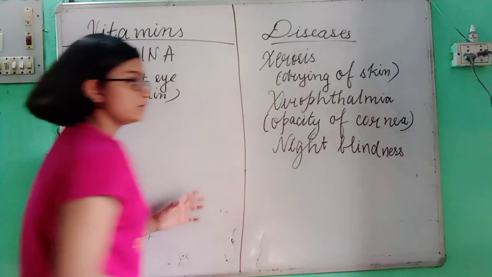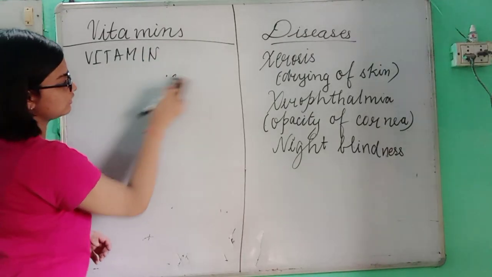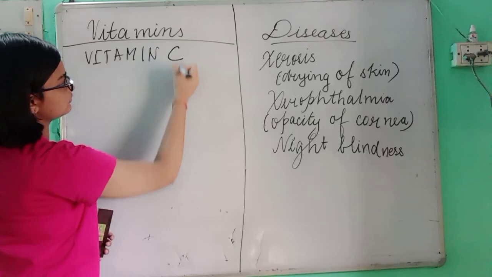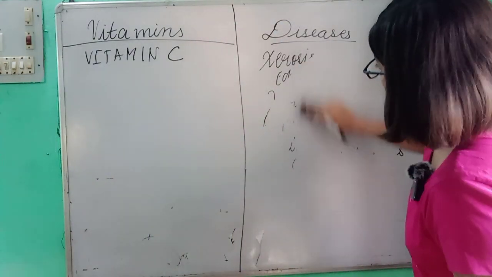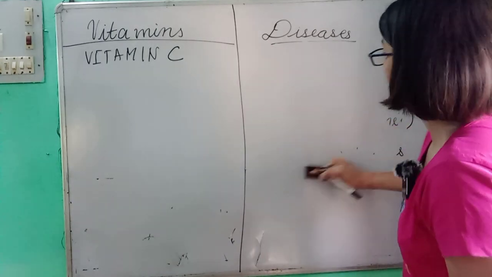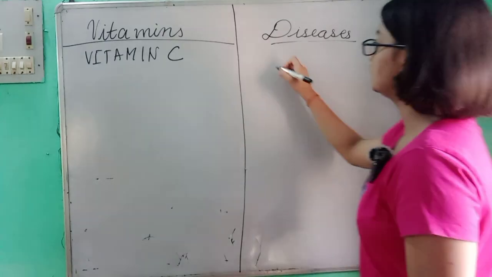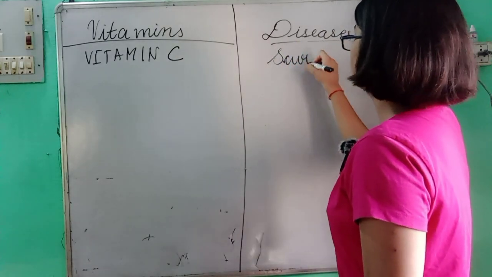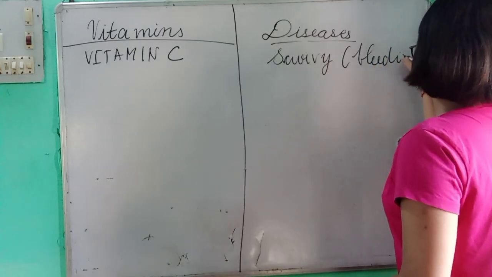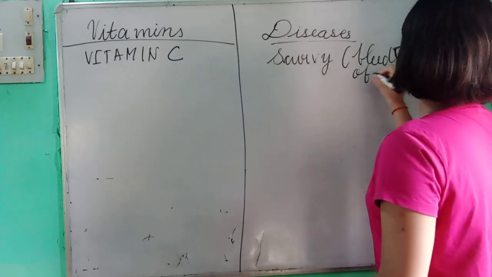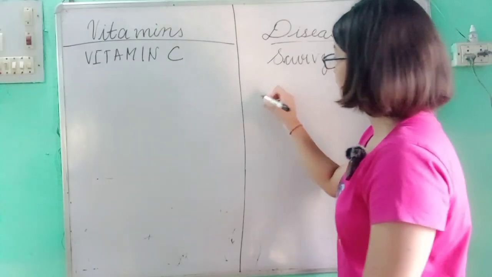Now let us move on to vitamin C. Vitamin C causes scurvy, bleeding of gums, and secondly, it causes skin diseases.